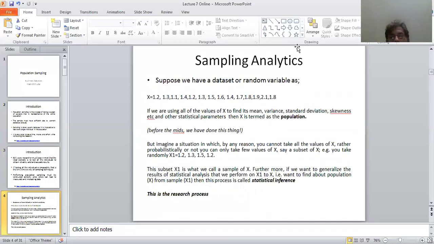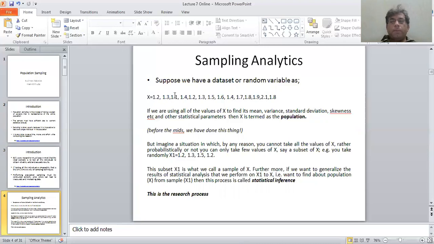Let's understand the concept of sampling, the mathematics of sampling, with a simple example. This example will also help us understand the concept of population. Suppose I have some data set X, and it has values like 1.2, 1.3, 1.1, and so on till 1.8, and I want to analyze this X. Now, if I take every individual value in X to analyze it, then X would be termed the population.